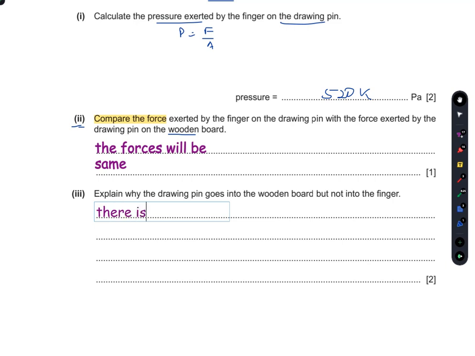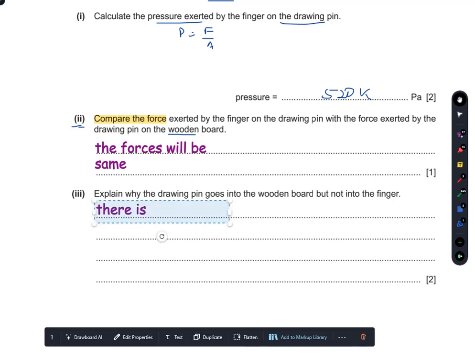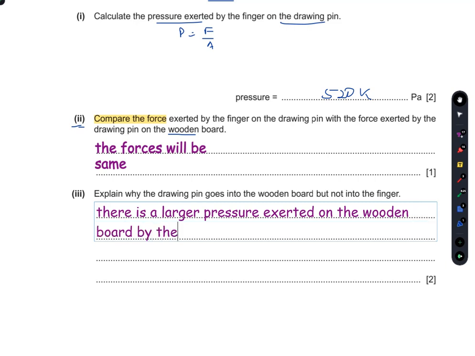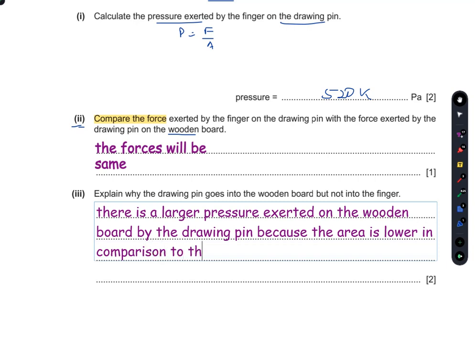There is a larger pressure exerted on the wooden board by the drawing pin, because the area is lower, and you know that the lower the area, the greater the pressure, in comparison to the finger.